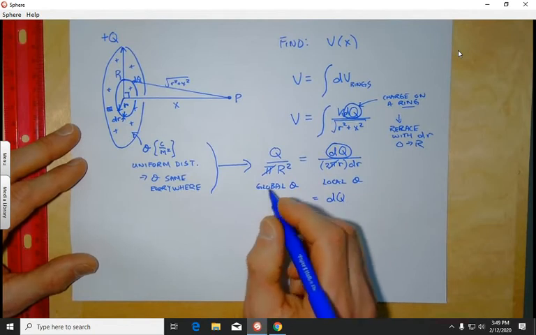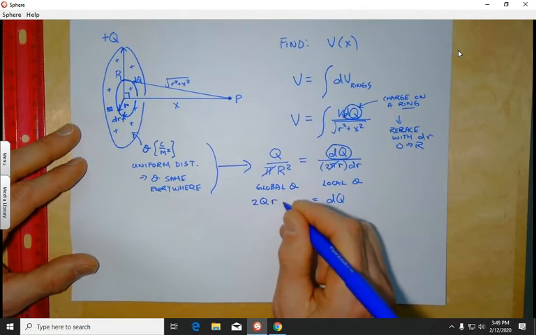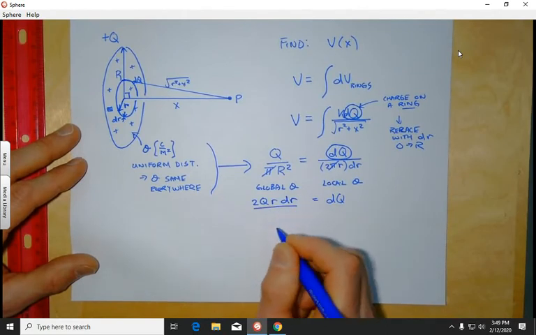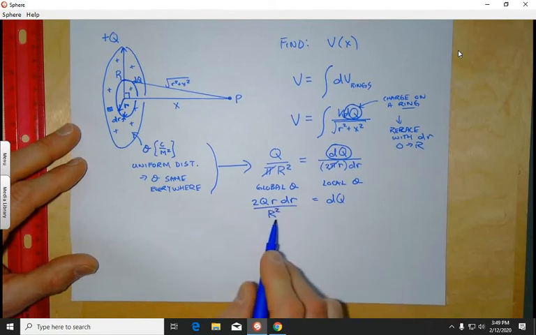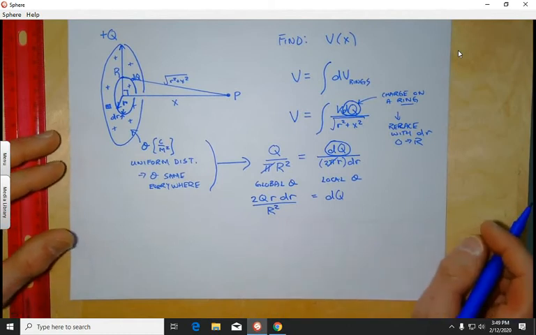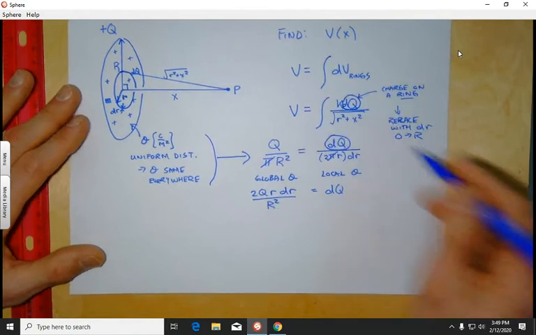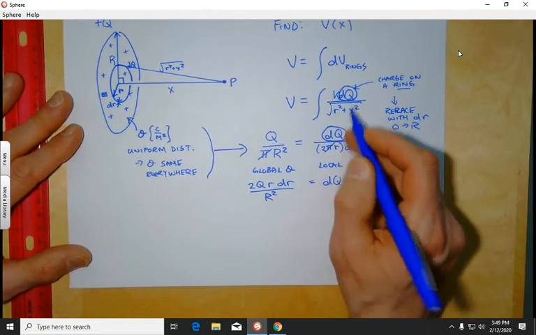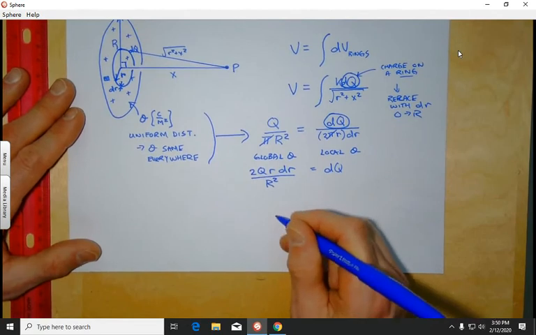I've got 2q r dr divided by r squared, where that's the radius of the disk. And then that's going to help me out. So that was a pretty important step right there. That's going to allow us to get rid of dq in the integral and replace it with dr. So I'm going to do that now.